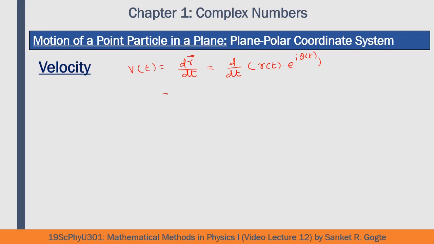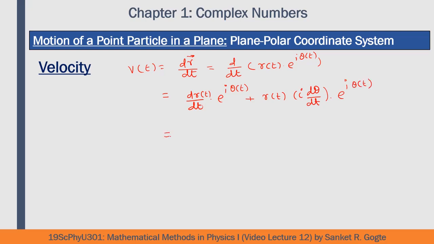I have to use the u into v rule now. It is dr by dt into e to the power i theta, plus I'll keep r of t as it is and differentiate the exponential part, which is i into d theta by dt into e to the power i theta.